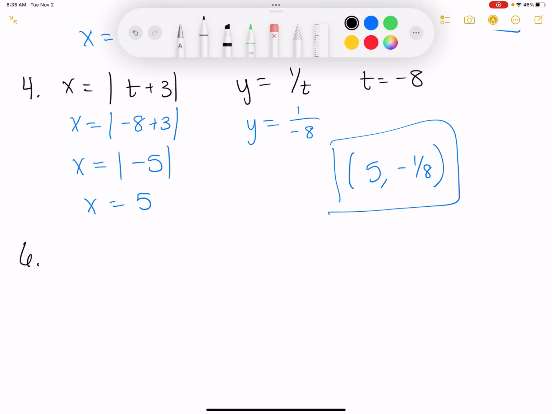We have x is equal to t plus 1 and y is equal to t squared minus 2t.